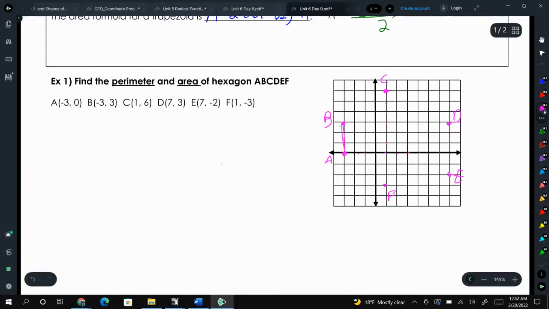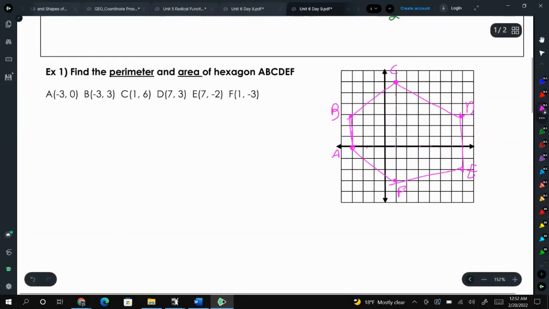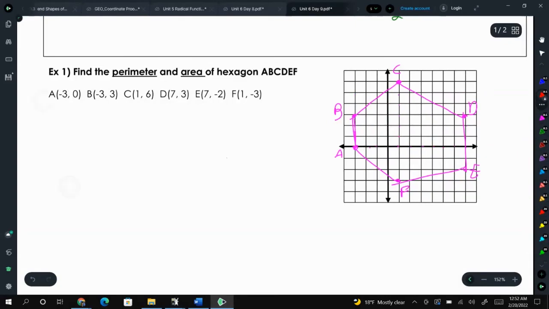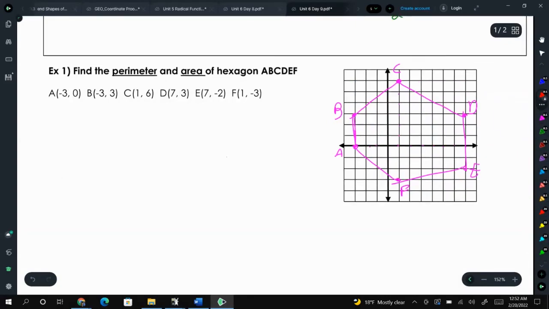So we don't have as many vertical or horizontal lines here to count for the distance of these segments. So what I want you guys to do is I want you to find the lengths of all of these. So AB, that's going to be 3 units.